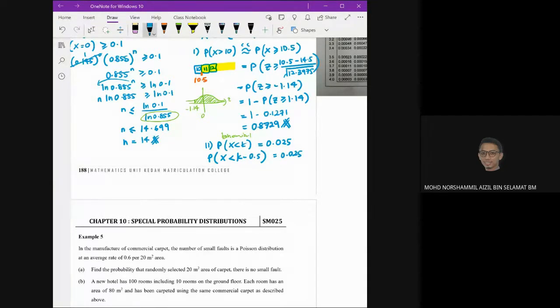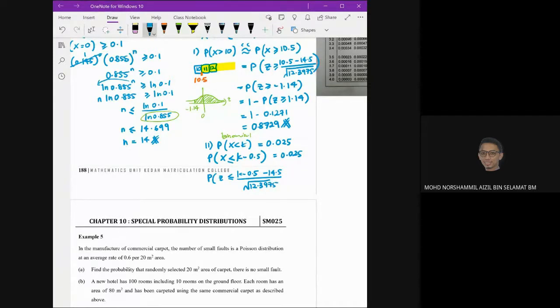Okay. And then macam biasa, this one already normal. But we need to convert to Z distribution. Dah convert kepada normal, nak kena Z pula. So Z is, yang ni nak pakai equals lah. So Z will be K minus, ambil je value tu, ikut formula, tolak 14.5 bahagi 12.3975.